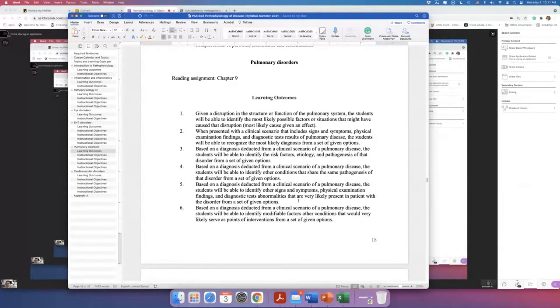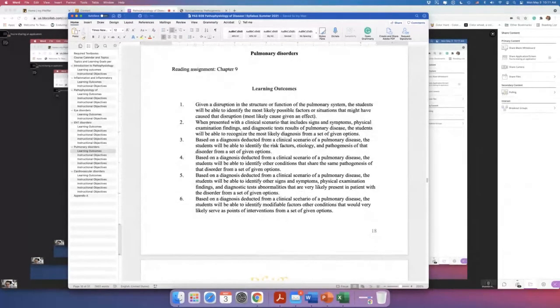So let's say we give you the pneumonia, the patient has fever, chills, cough, sputum, etc. Which of the following do you expect to find in a chest X-ray, or which additional finding do you expect to find in this patient? We can give you, for example, a consolidation in a chest X-ray, or other things that have nothing to do with pneumonia. So select what else you expect to find.